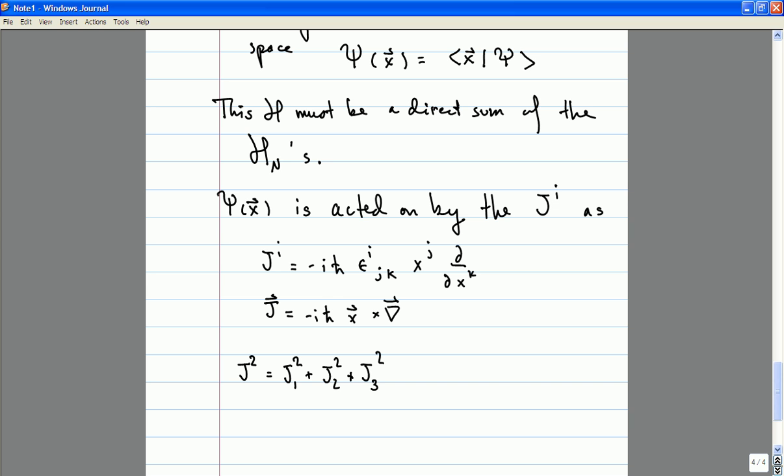Okay. So this is actually a calculation that you've done. You did it when you worked out, for example, Laplace's equation in spherical coordinates or the Schrödinger equation in spherical coordinates. So I won't waste your time by going through the answer. I'll just write it down for you. So you get 1 over sine squared theta times d by d phi squared plus 1 over sine theta times d by d theta of sine theta d by d theta.